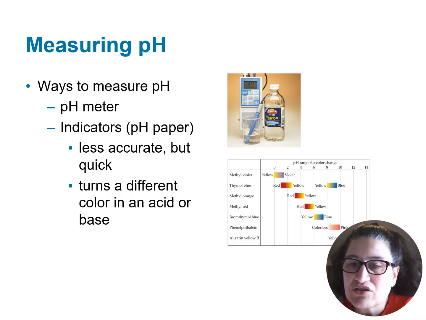So if you have a pH of less than 3.8, it's going to be red. If it's greater than 3.8, it's going to be kind of yellow. If we look at something like phenolphthalein, it looks like that transition point is maybe around 9. So it's colorless in an acid, and if it's greater than a pH of 9, it's going to be pink.